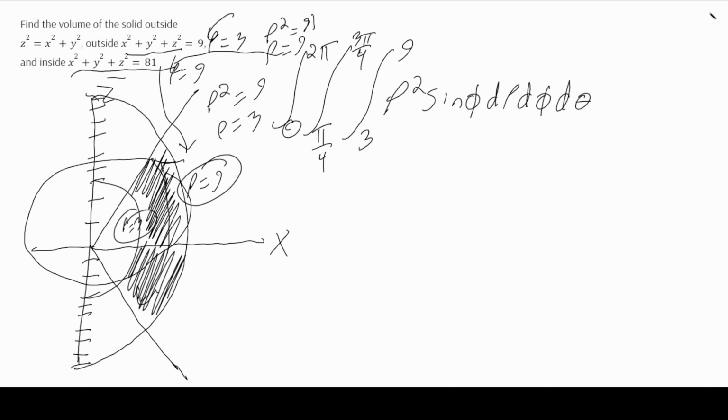So now let's evaluate the integral. Let's start off with the first part: rho from 3 to 9 of rho squared sine phi d rho.